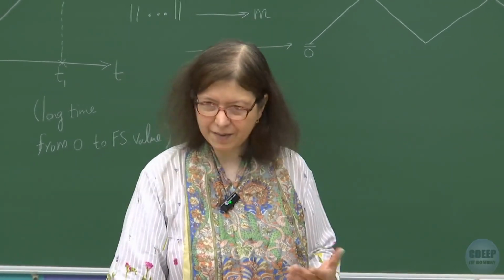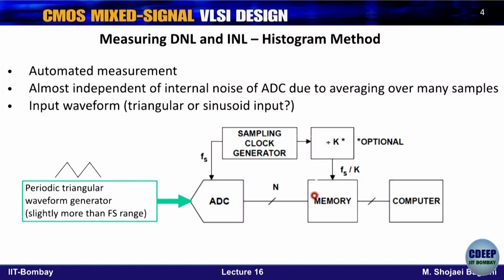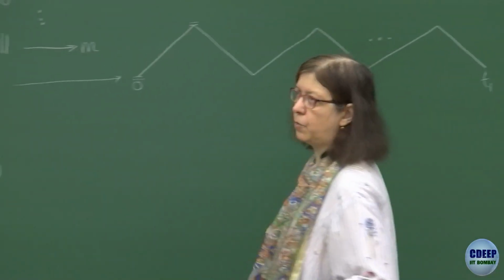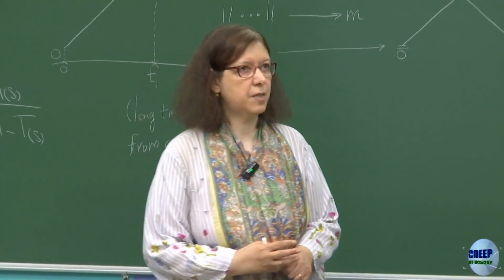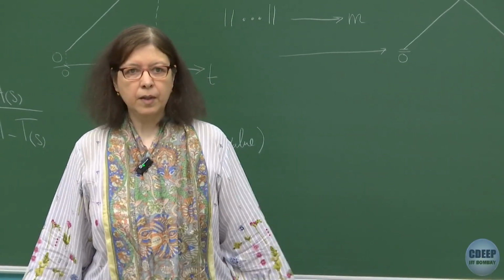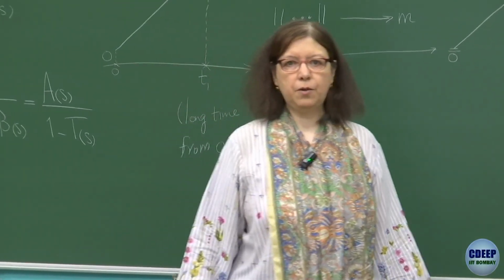So if this memory speed is not compatible with the ADC speed, you can reduce the clock by a factor of k. That means you are generating many samples but collecting with a lower speed. That's okay. The only point is that you need to increase the number of cycles to collect more samples with the writing speed of Fs upon k. So this will eventually be the whole idea.